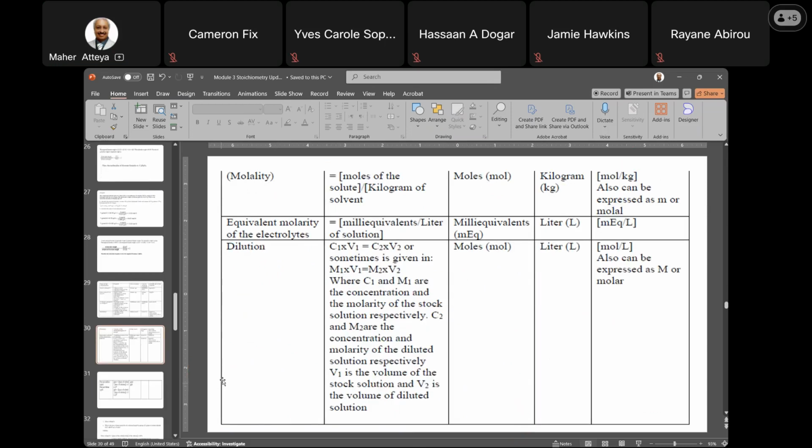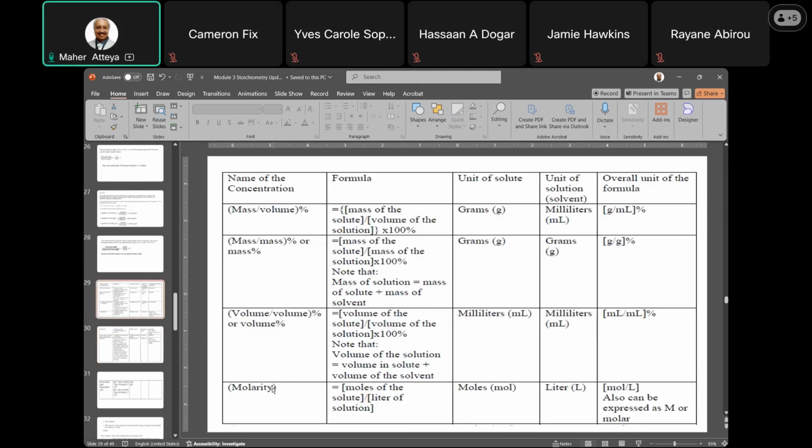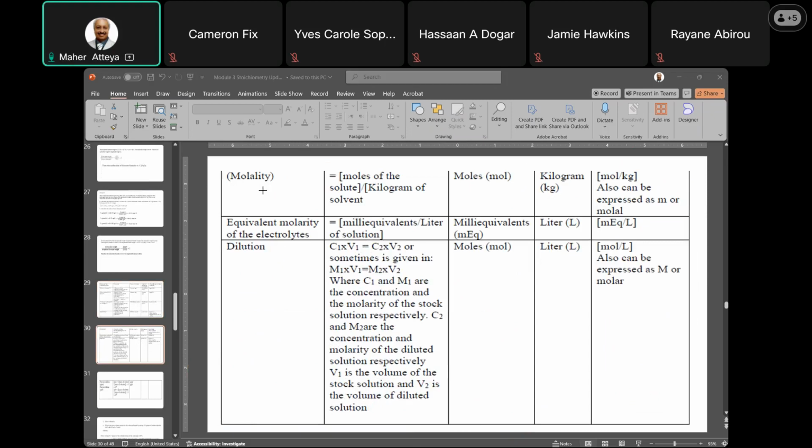We go further here. We have molality. Molality, what do we say? The molarity, if you look further up, is moles per volume, correct? The molality, on the other hand, is a ratio of moles divided by kilogram of the solvent.